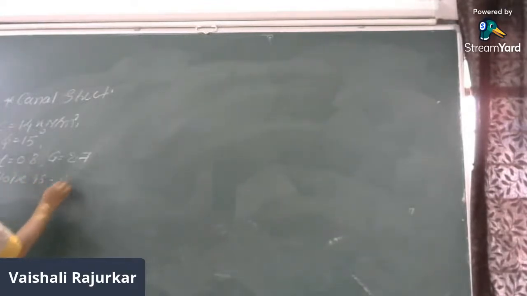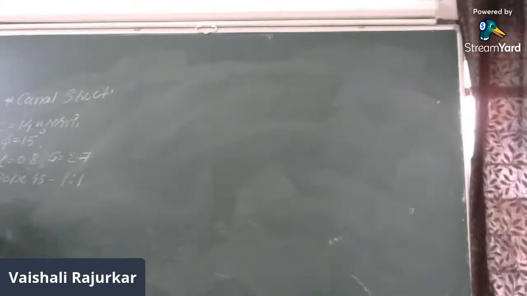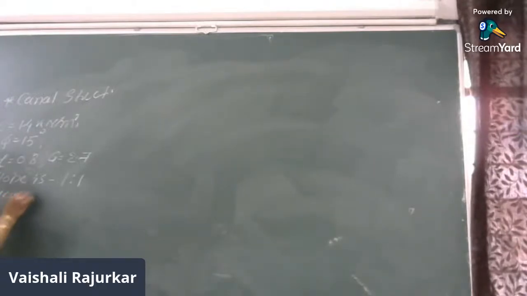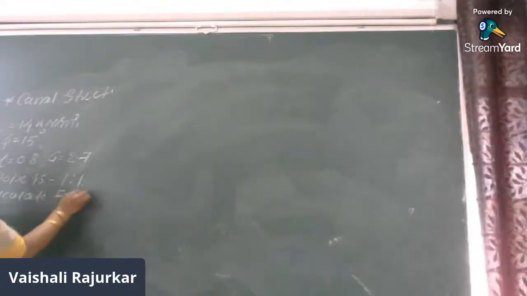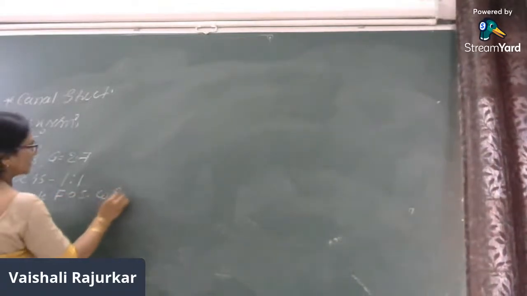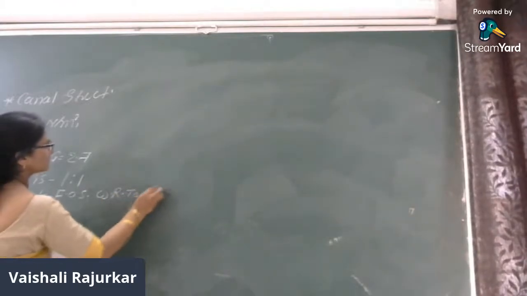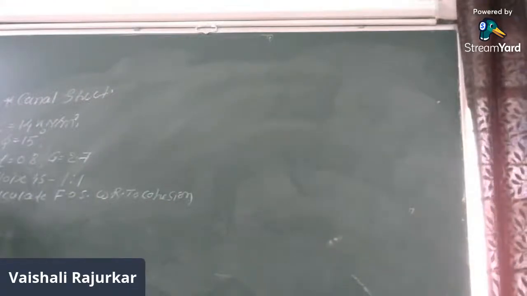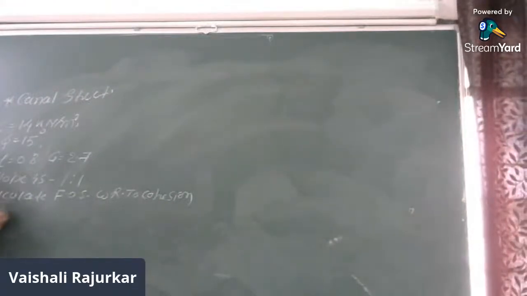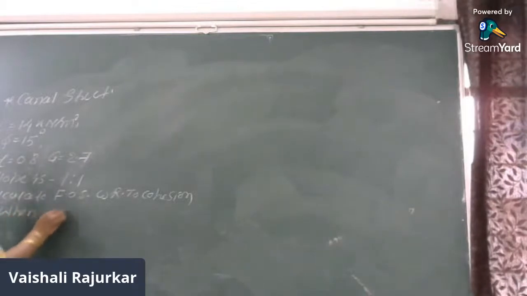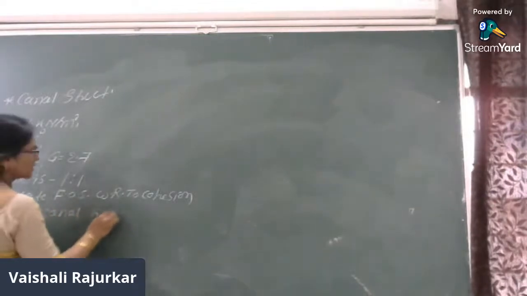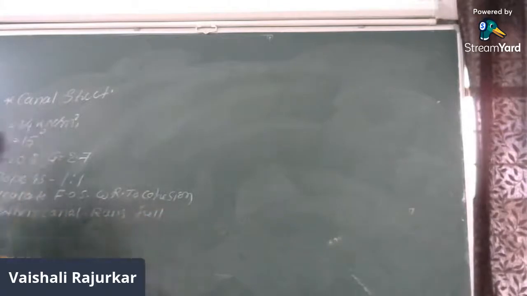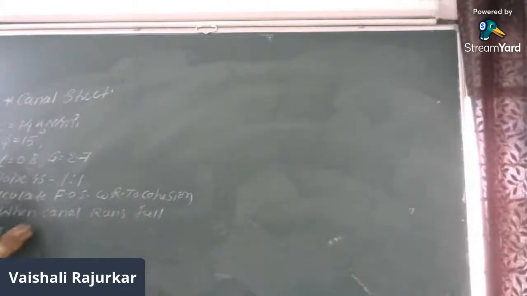The slope is 1:1. Calculate the factor of safety with respect to cohesion when the canal runs full and in sudden drawdown condition.